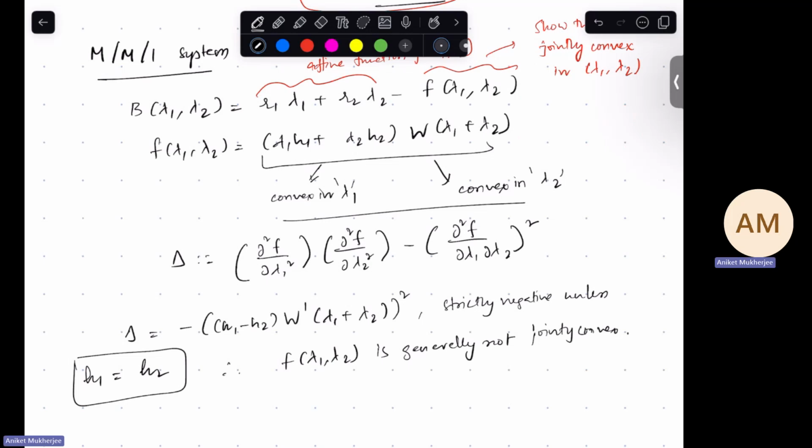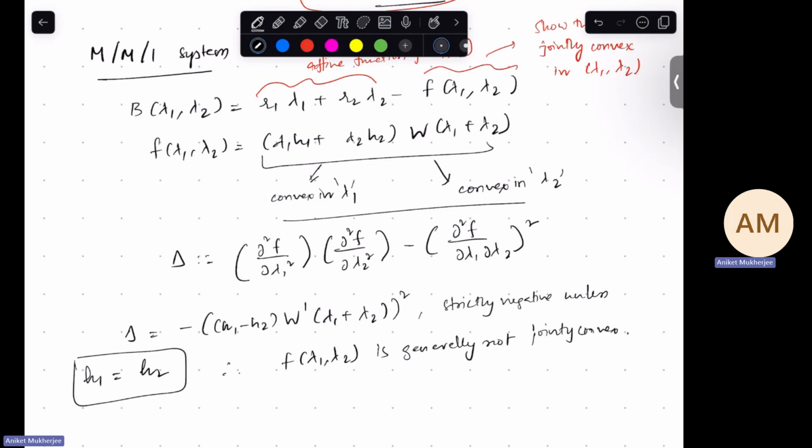So a small note: the functional form that we have seen here in the cost function is a demonstration of non-convexity. The only properties that we used are the delay w lambda for each customer, which is an increasing convex and differentiable function of the sum of the flows. Now the delay cost per unit time for each class i is a product of the flow lambda i and the delay cost per customer, which is hi into w lambda.